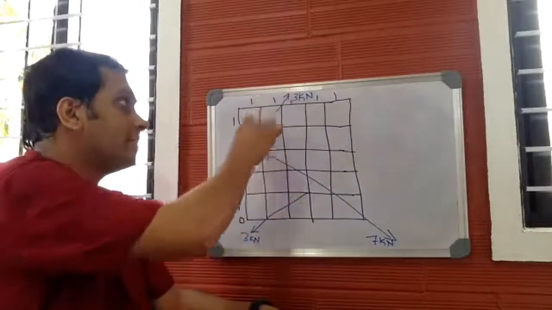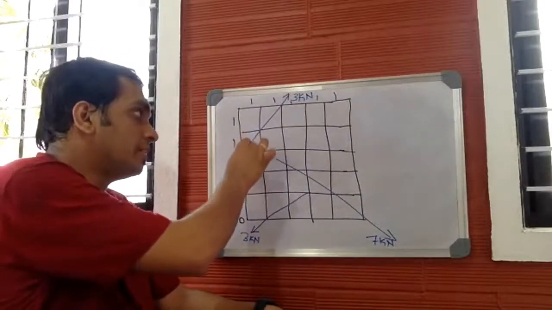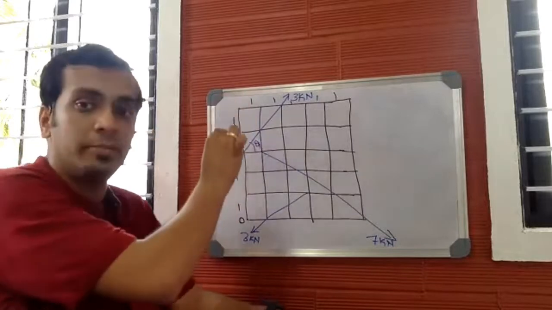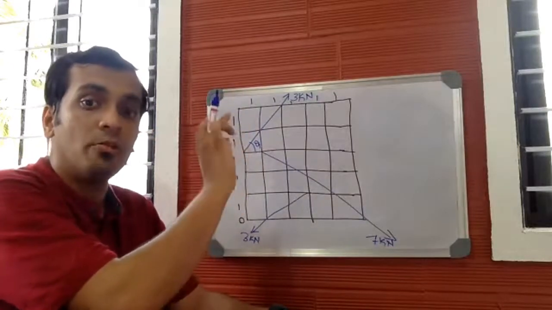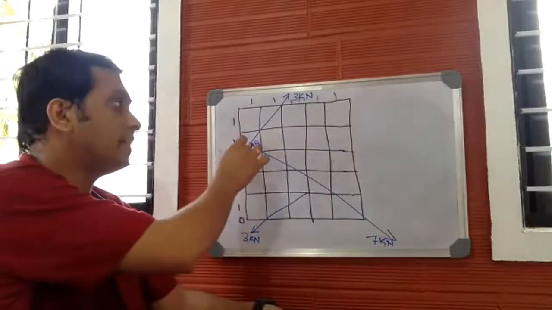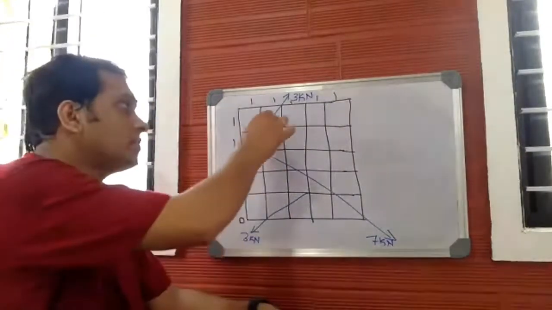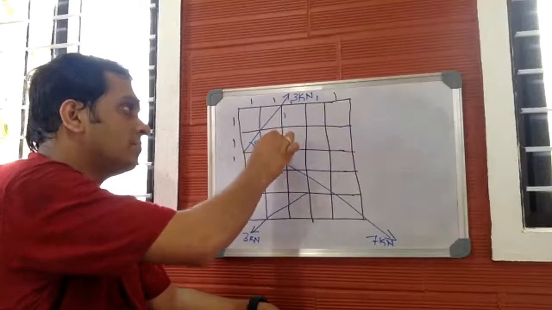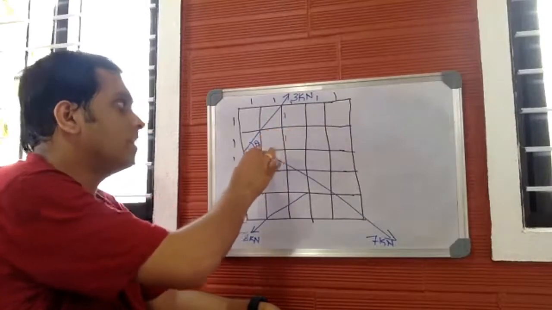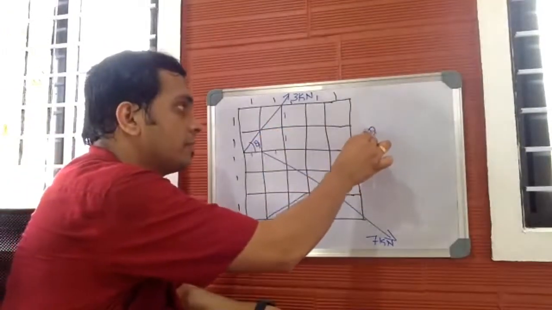Now, we need the inclination of this 3 kilonewton force. Let me write it as theta 1. Now, how to find the value of theta 1? We can find the value of theta 1 using one of the functions, using tan. So, this is 1, this is 1, and even this is 1, and this is 1. So what is theta 1?